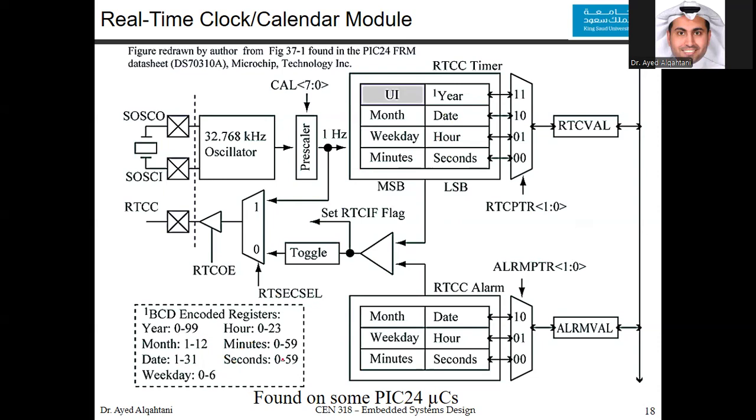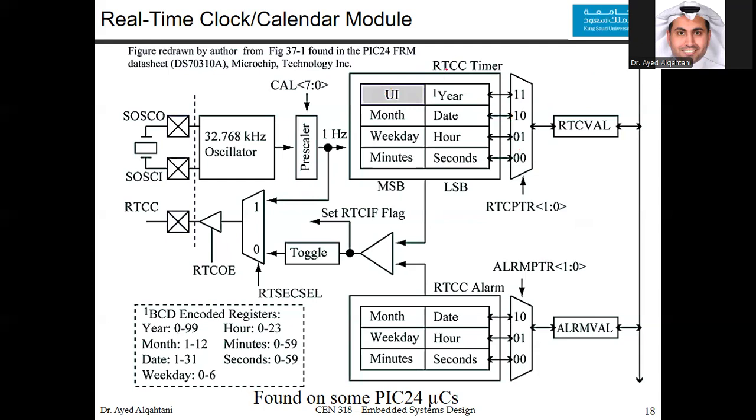For the seconds, it's from 0 to 59, the minutes from 0 to 59, the hours from 0 to 23, the weekdays from 0 to 6, the date from 1 to 31, the month from 1 to 12, and the year, in this case, from 0 to 99. And you can make use of this to extend beyond 2000 when the year that you have is more than 1999.